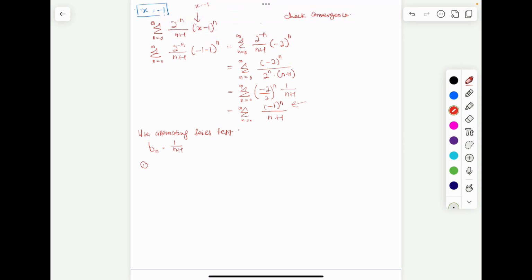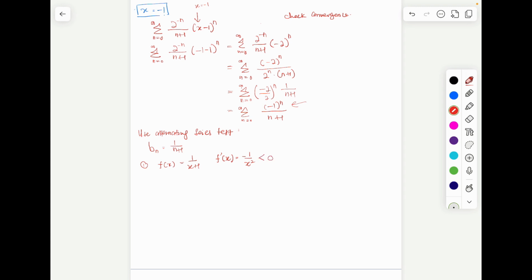So to check the decreasing, I let Bn as a function first, and then I find the derivative. So the derivative for this one is negative 1 over x squared. So when you plug in whatever value for x, it would give you a negative value.